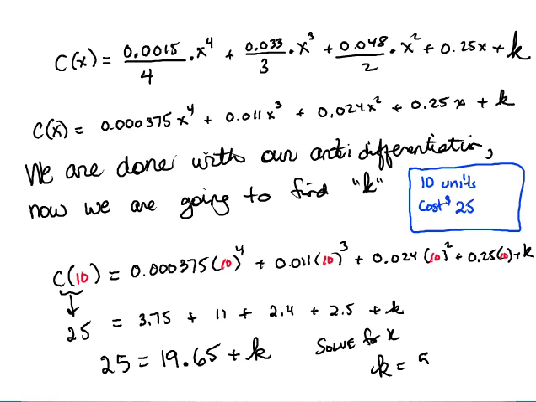So now we know what that constant should be, because we know an initial condition. So our particular K for this particular situation is 5.35. And it would still fit the bill that if we did the derivative, we would get right back to the marginal cost they gave us. Okay, that's called function recovery.